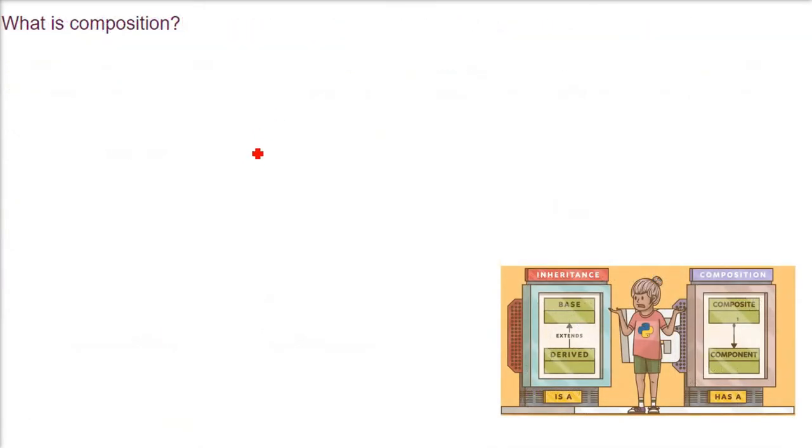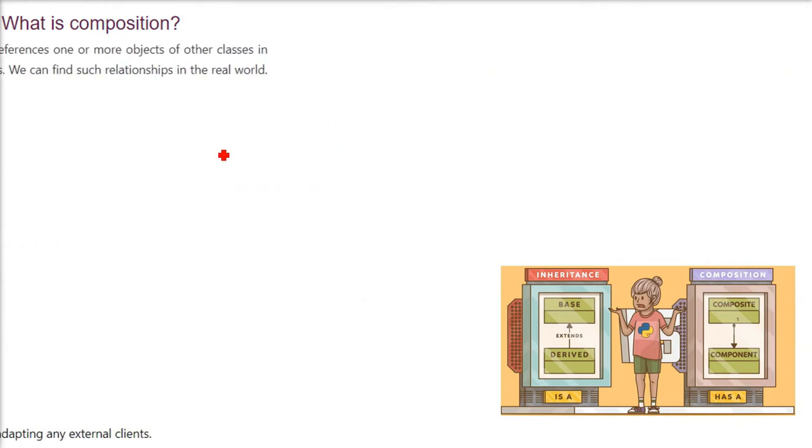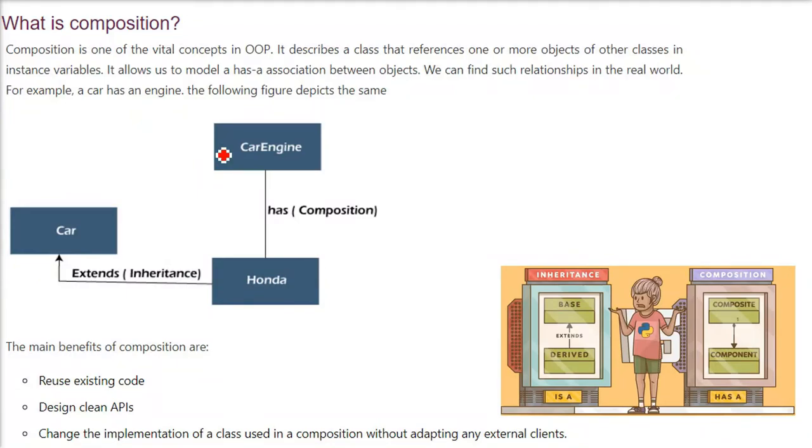What is composition? Composition is somewhat of an advanced-level object-oriented programming concept. Say you made a class A, and you made an object, say obj, in main or wherever.